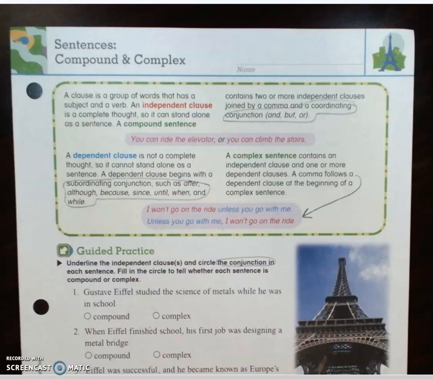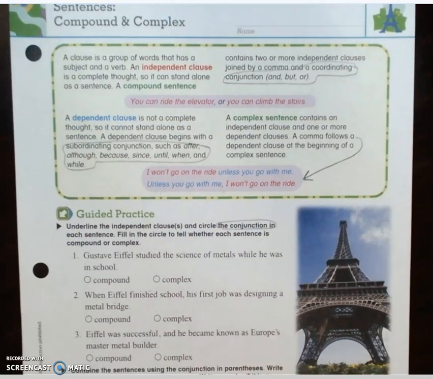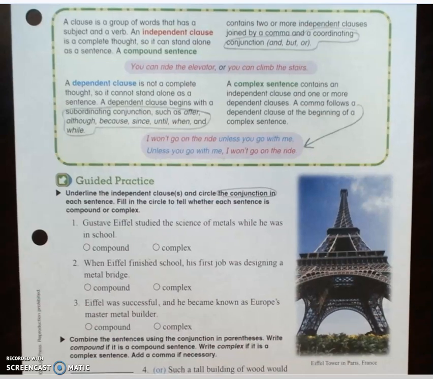Now we're going to go to the guided practice section just below this box, and it says, underline the independent clause or clauses and circle the conjunction in each sentence. Fill in the circle to answer whether each sentence is compound or complex.